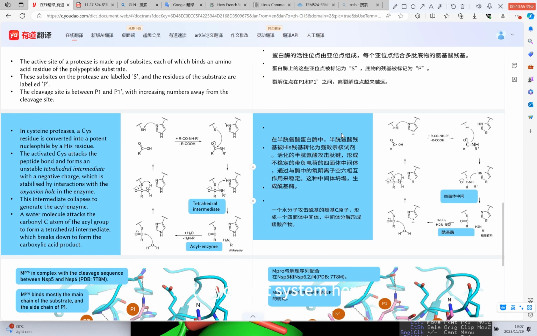But if you put cysteine here, when you crystallize the substrate and the enzyme, you will never see this complex. Why? Do you know why? Inside the crystal structure, if you use the native protease, you will never get this complex.